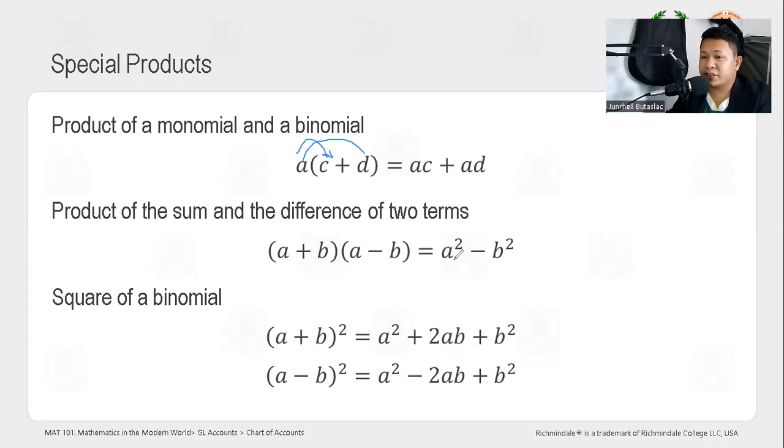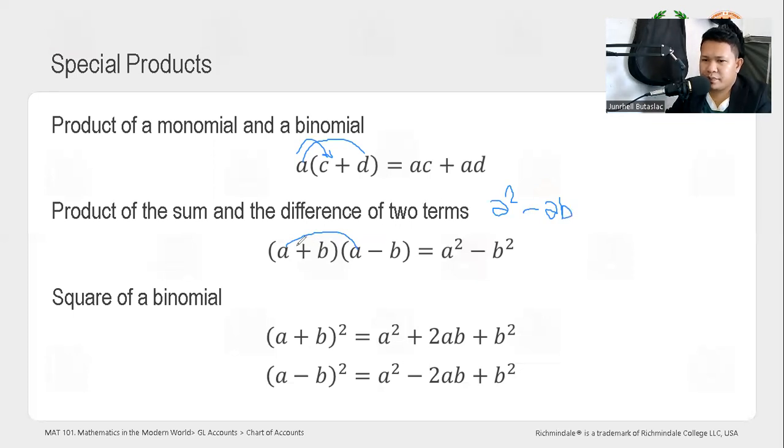The answer is a squared minus b squared. When you multiply a times a, the answer is a squared. Sorry for my bad writing. Then a times negative b is negative ab.